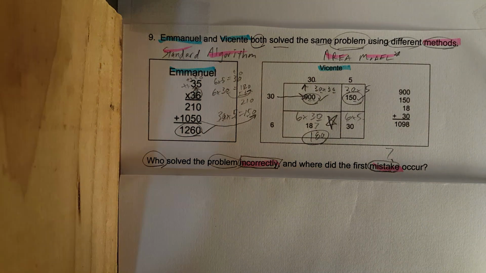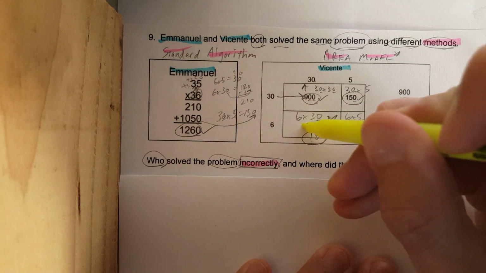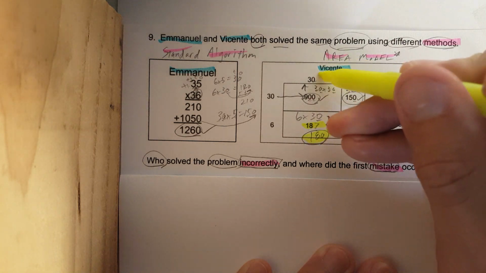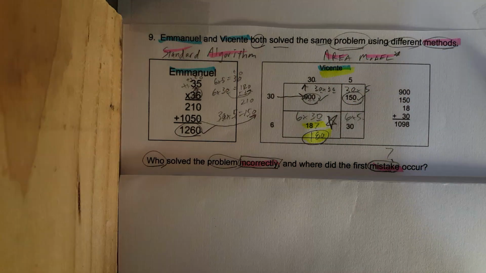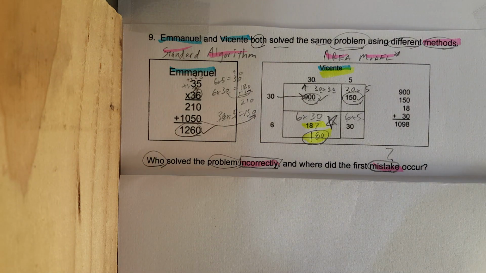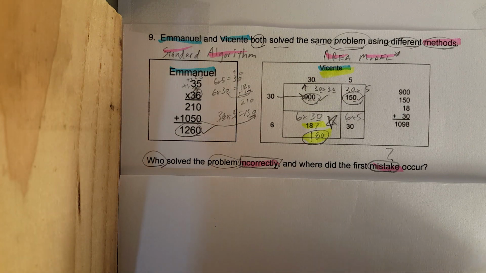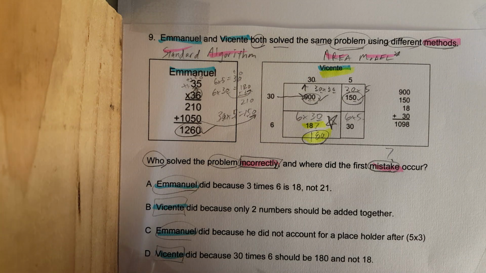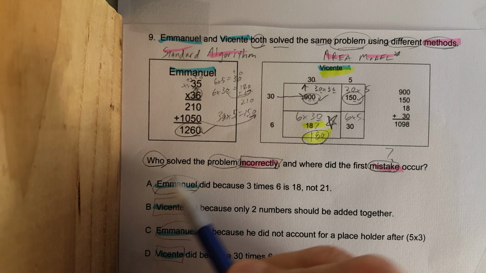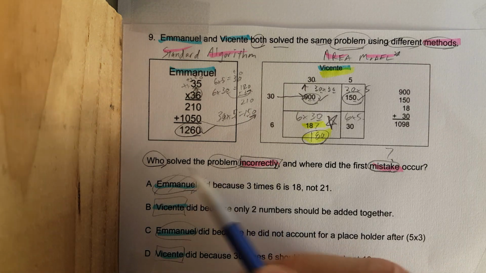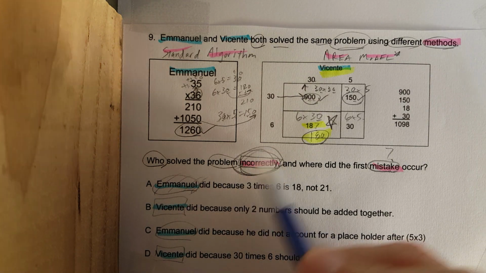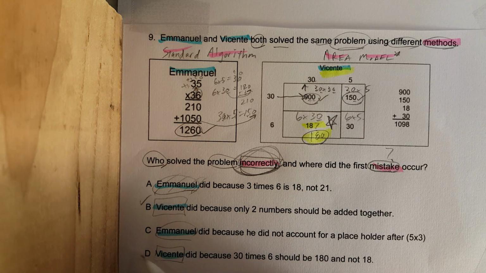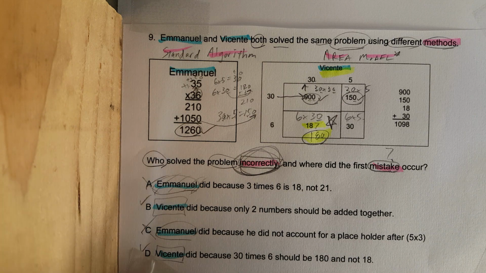I know in the past we've highlighted all the numbers, but here was the mistake. Vicente made the problem wrong. So he would have to go back from the teacher, redo it, figure it out, and find it. So immediately when we look at the answers, we know that Emmanuel did it correct, because this says who solved the problem incorrectly. We know Vicente solved it incorrectly, so it can't be Emmanuel. Just even ignore it.